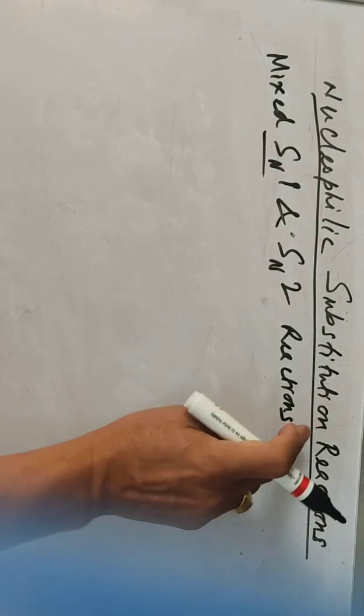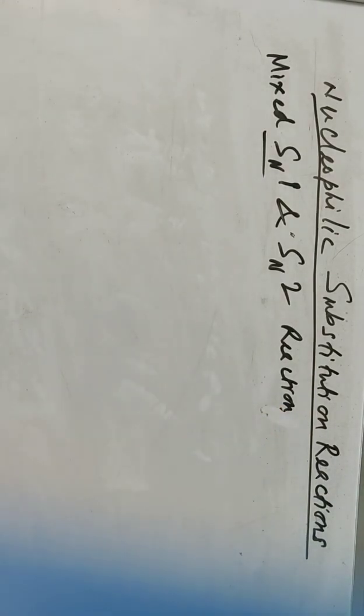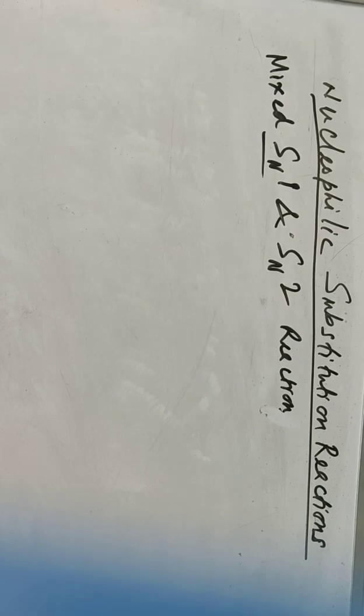The rate law for the reaction of an alkyl halide that can undergo both Sn1 and Sn2 reactions simultaneously is the sum of the individual rate laws. I am repeating again, the rate law for the reaction of an alkyl halide that can undergo both Sn1 and Sn2 reactions simultaneously is the sum of the individual laws.